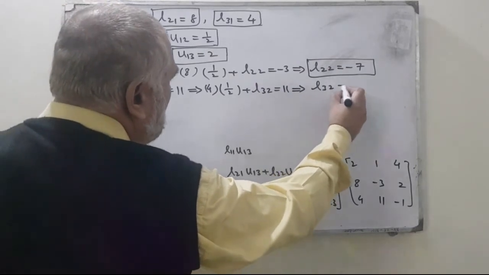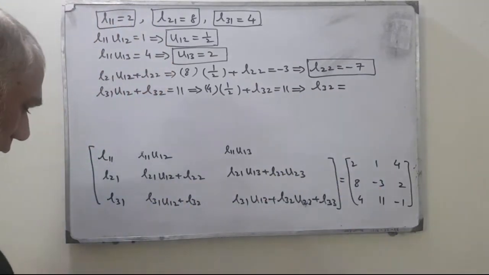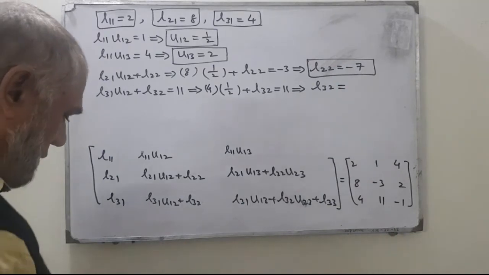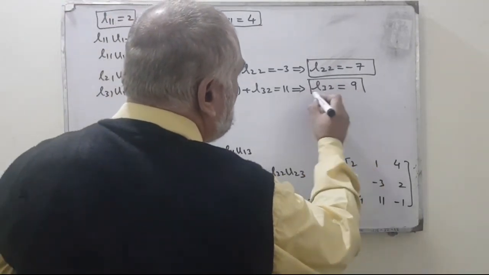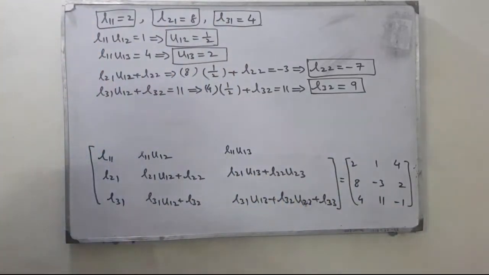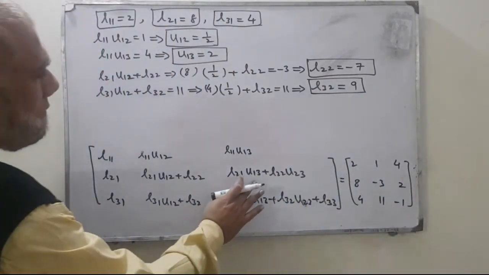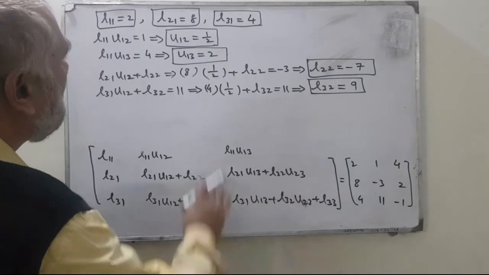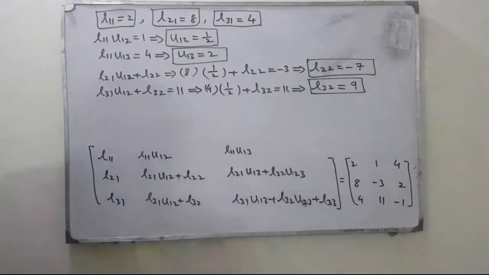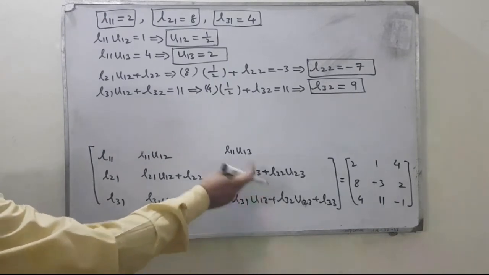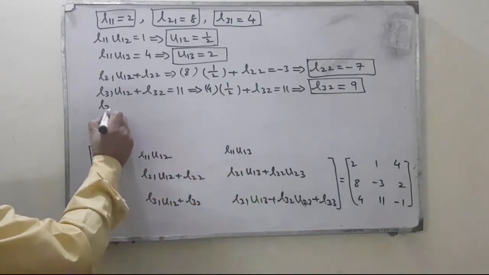On transferring all these to the right will give you L32 is going to be equal to 9. Okay, and we are able to find out how many, 1, 2, 3, 4, 5, 6, 7. 2 more entries we are looking for, and from these two we can obtain these 2 entries.